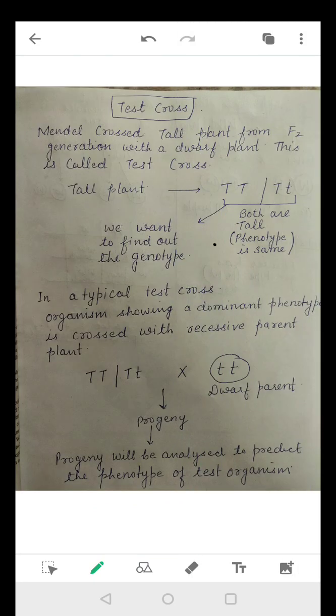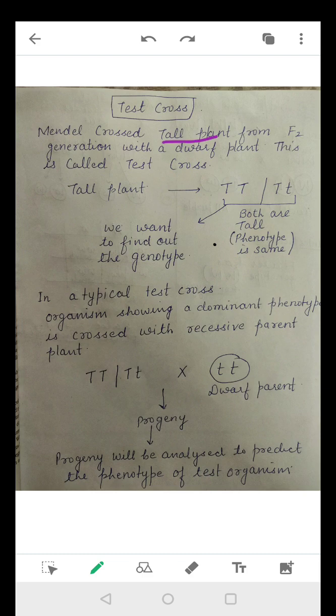First of all, let's see what is a test cross. Now Mendel basically, if you remember, he's the one who has worked mostly in this field, and he crossed tall plant from an F2 generation with a dwarf plant.